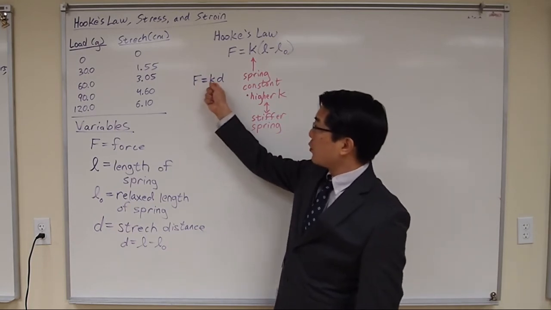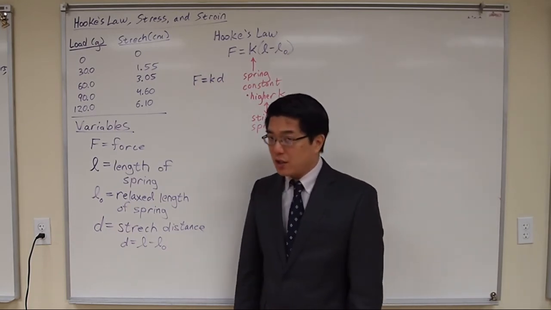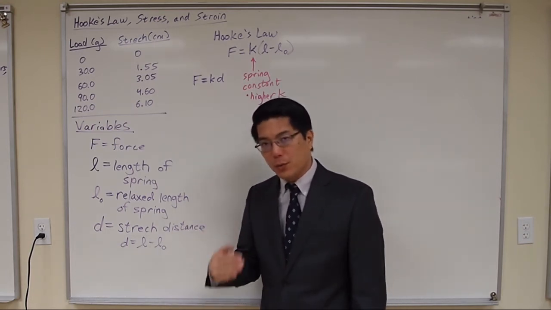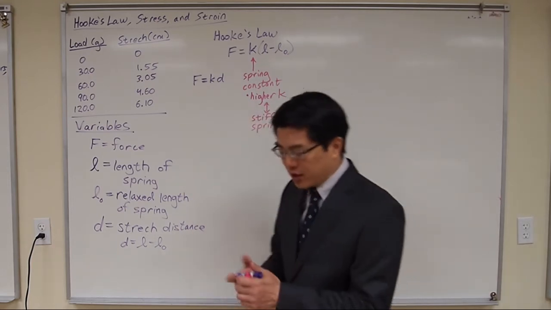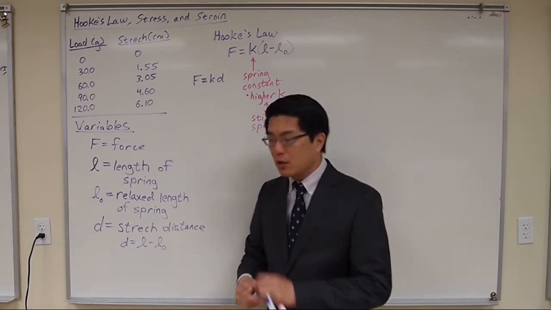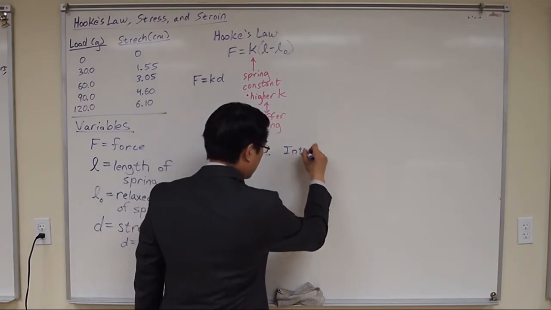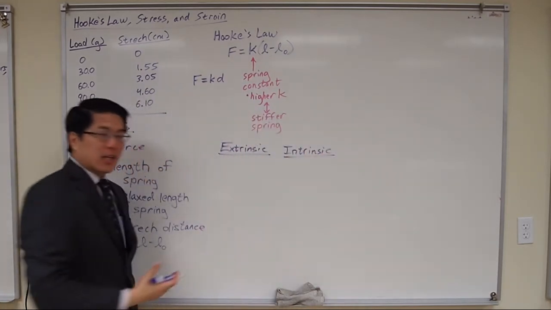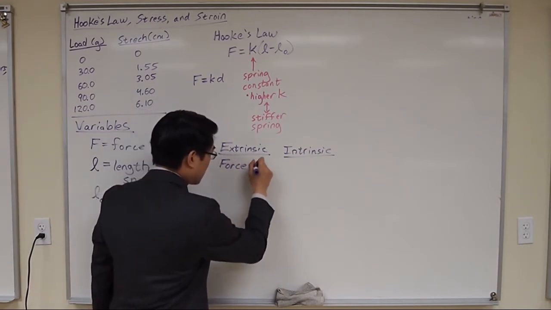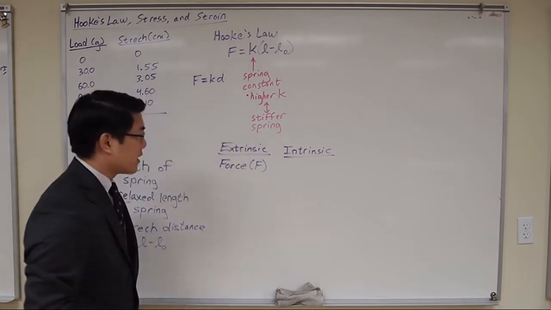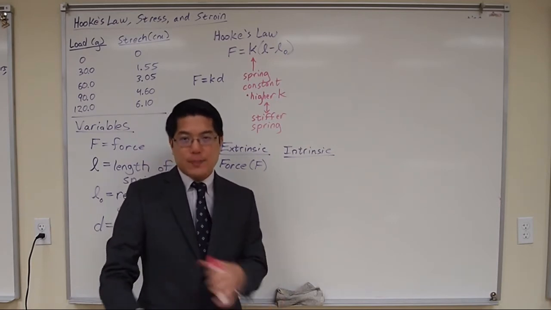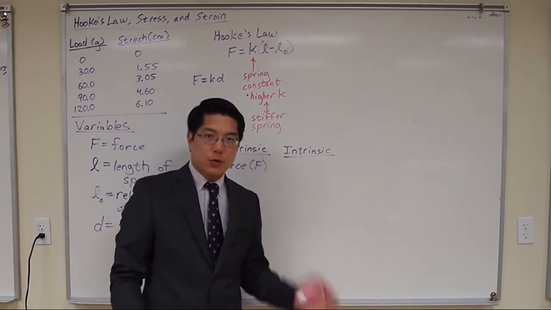But neither force, nor the spring constant, nor the distance that a spring is stretched is an intrinsic property. So before we get to something that's really useful for material science, we got to convert these quantities into intrinsic, that is, shape-independent, size-independent quantities. So, if we look at the extrinsic property of force, which, as I previously noted, is abbreviated F, there is a quantity very similar to force, except it does not depend on the shape, nor does it depend on the size.